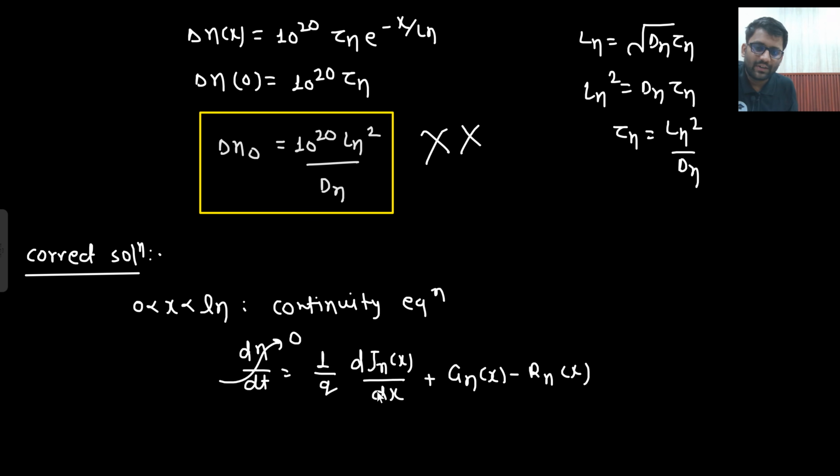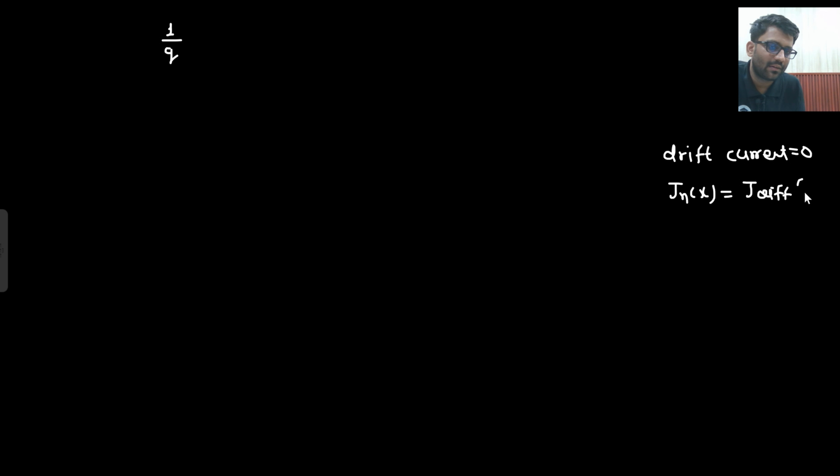Okay, so what do you get? 1 by q. What is the value of Jnx? Here the drift current is 0. So your total current would be equal to the diffusion current only, right?